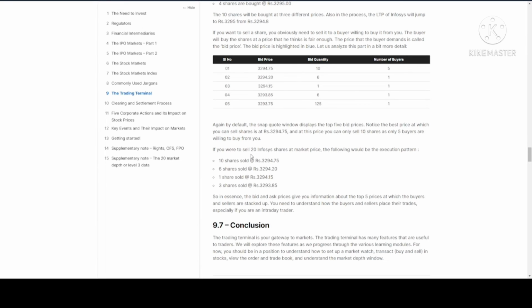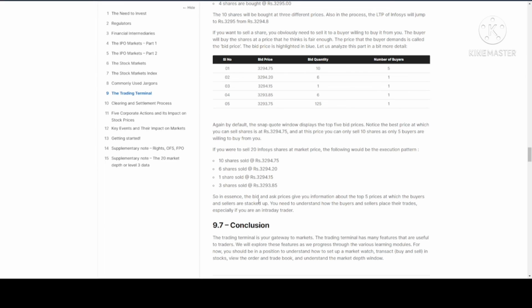If you were to sell 20 Infosys shares at market price, the following will be the execution pattern. So in this sense, the bid and ask price give you information.